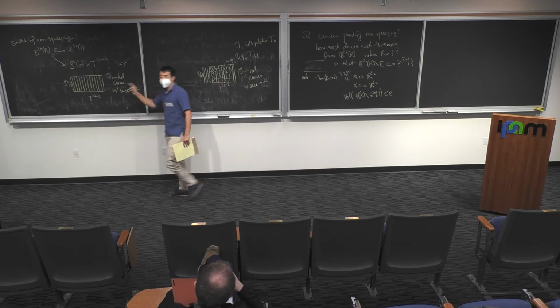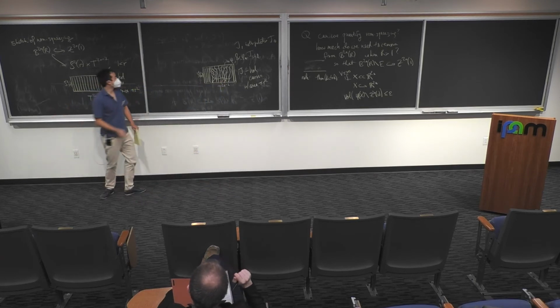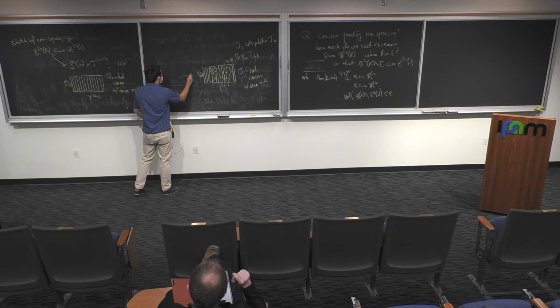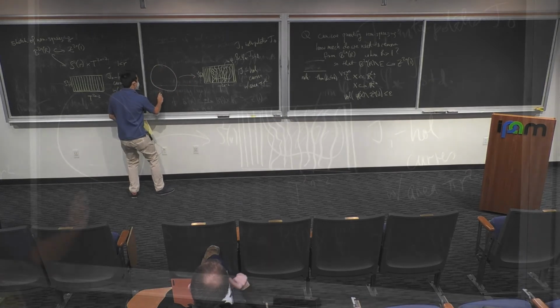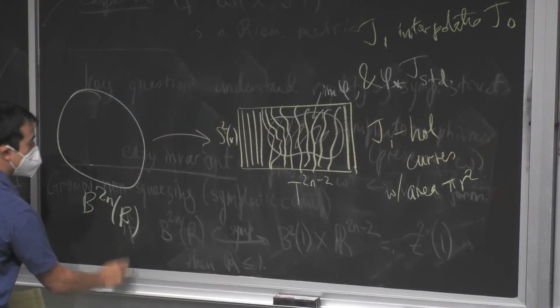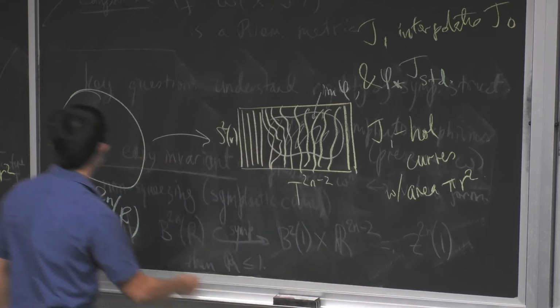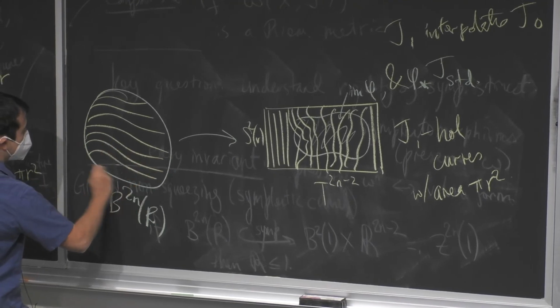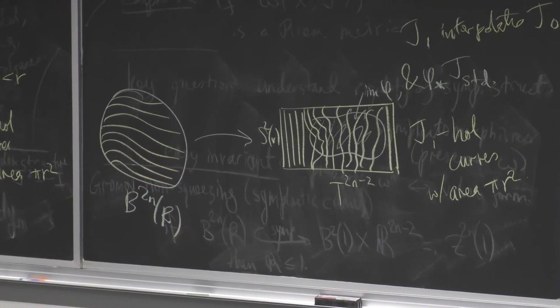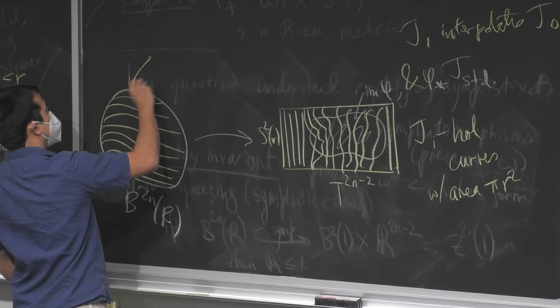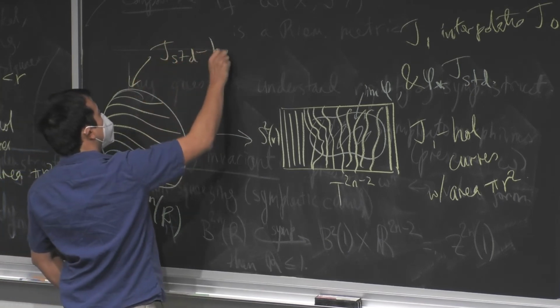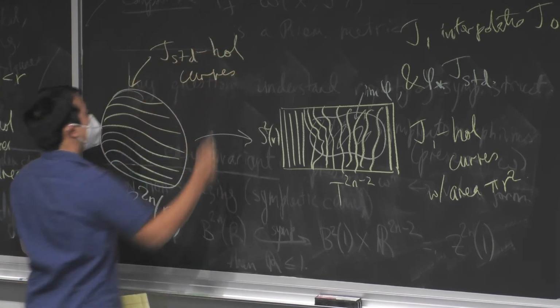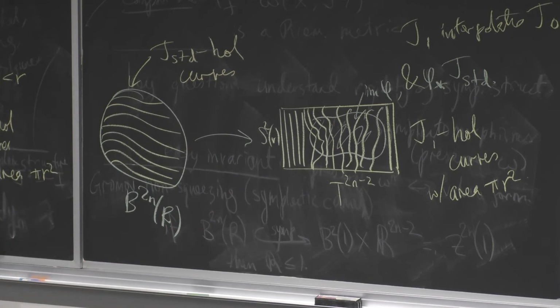But I can pull this whole picture back, right? So I can pull this whole picture back to the ball. And so in the ball, I'll have some foliation by J standard holomorphic curves, so genuinely complex holomorphic curves, right, with everything standard.